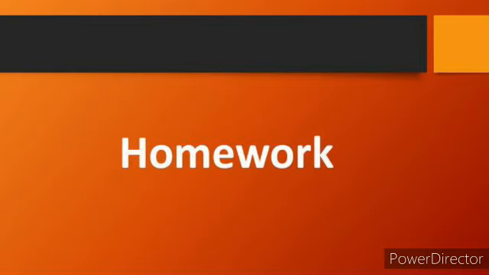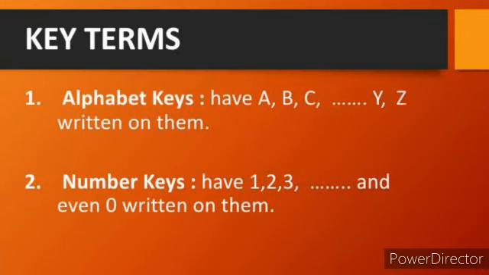And here are some key terms from unit number 3. Key term number 1 is alphabet keys. Alphabet keys have A, B, C, and so on written on them.